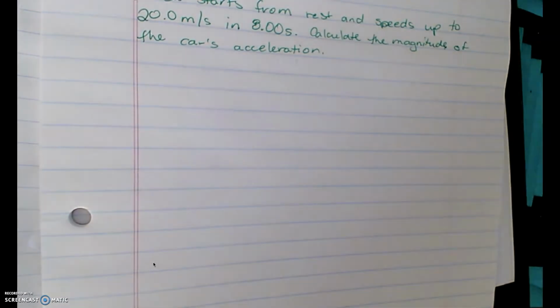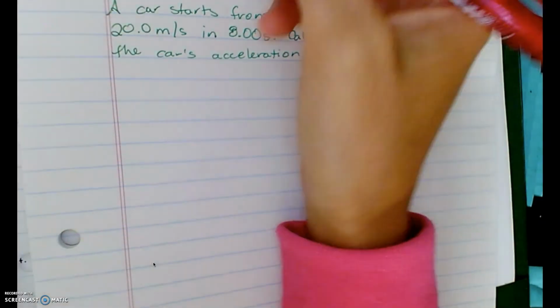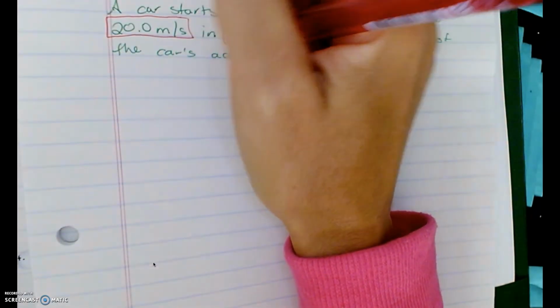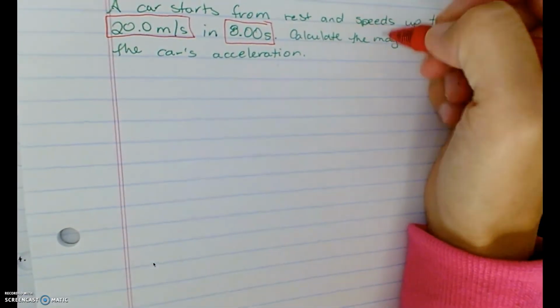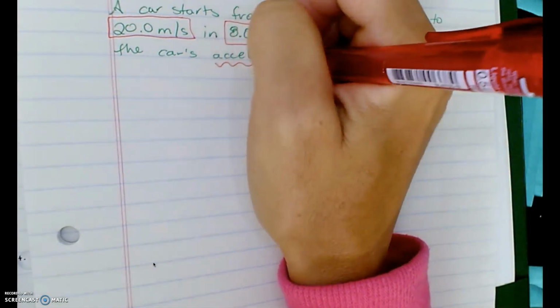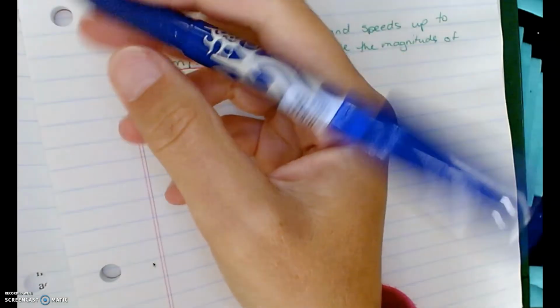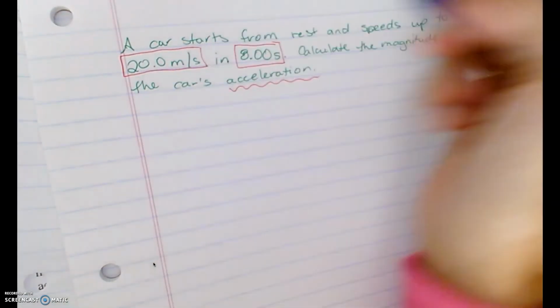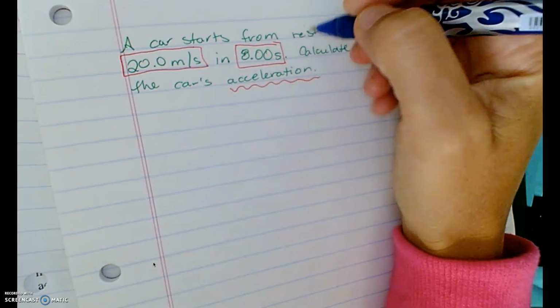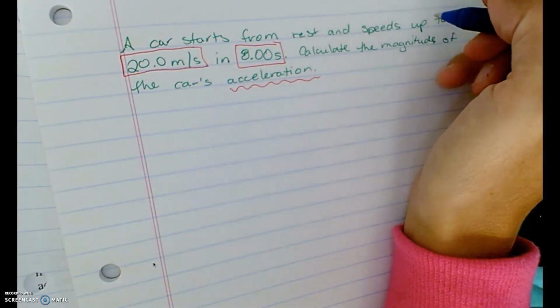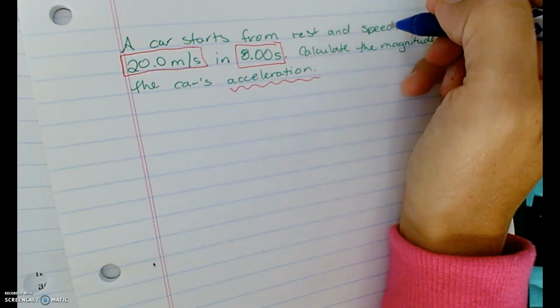So let's list our variables. We have a number here, a number here, and it's asking us for the acceleration. I'm going to use blue, so it's erasable, because this is a cool erasable pen. It says it speeds up from rest. That means it's speeding up, so we have a change in velocity.